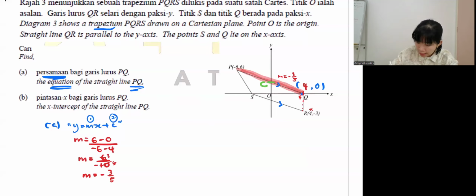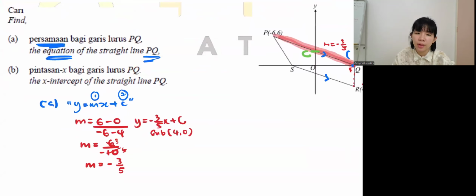So y equals -3 over 5 x plus c. I want to find c. I substitute 4, 0, since 4, 0 is easier to calculate. Y is 0, x is 4, plus c. 0 equals, here negative how much? 5 and 4 cannot simplify.